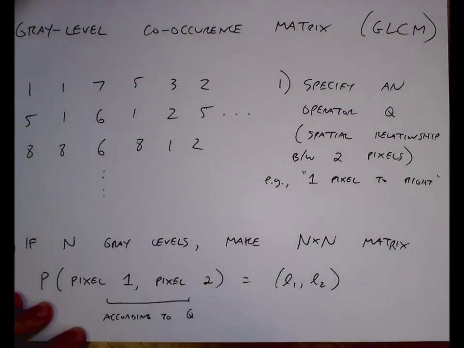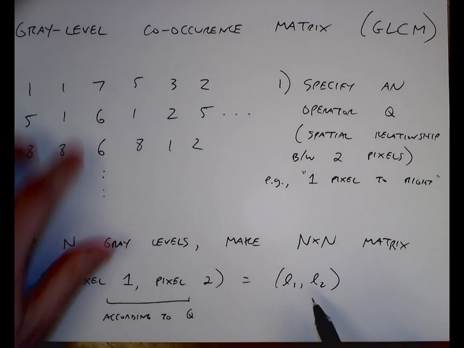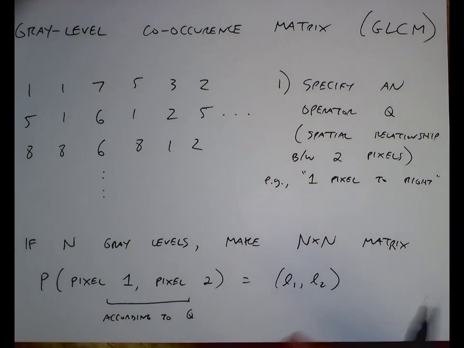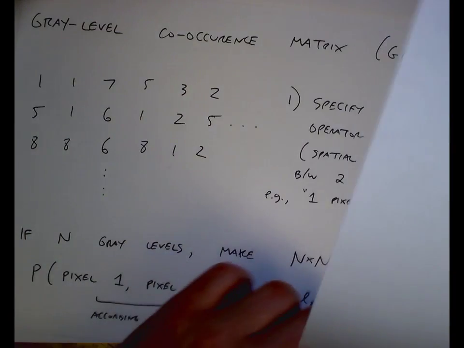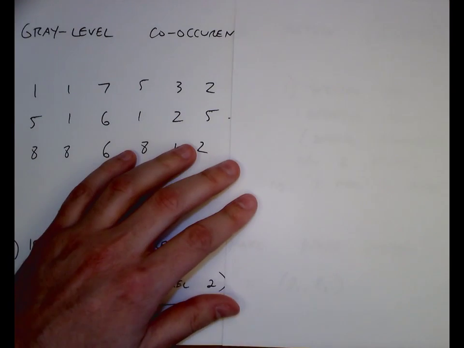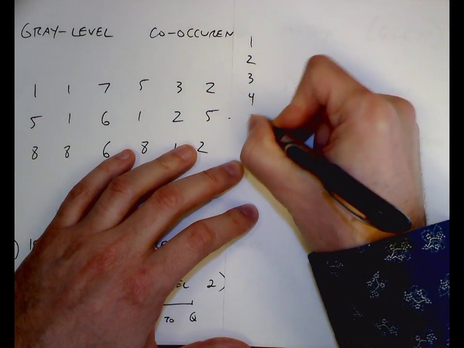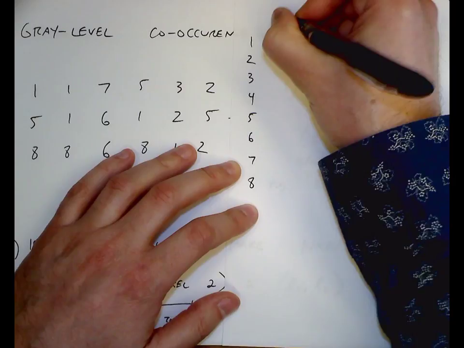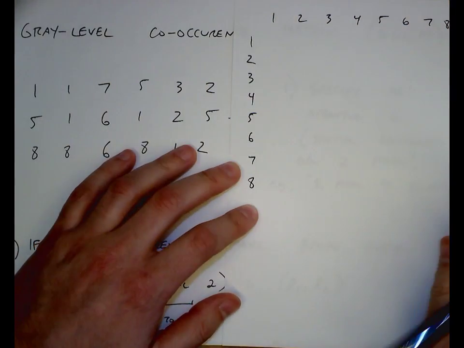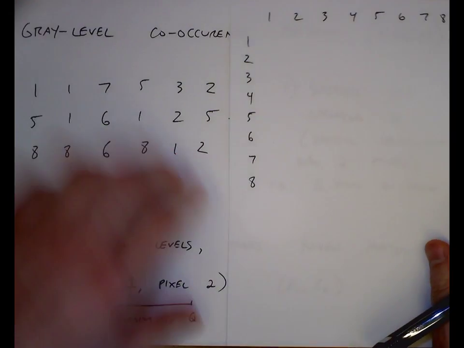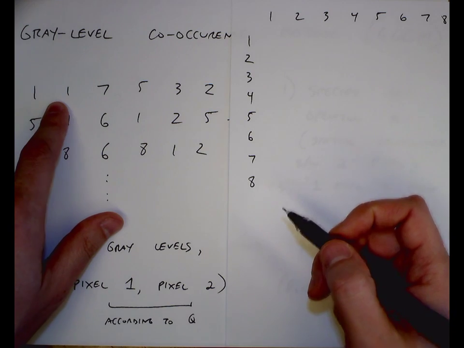So how many times does a given pair occur throughout the whole image, right? So in this example, if I keep this on the side here, I have an 8 by 8 image, and I'm going to say, well, how often did I see 1, 1, right? I only saw it once, so I'm going to put a 1 in this box.